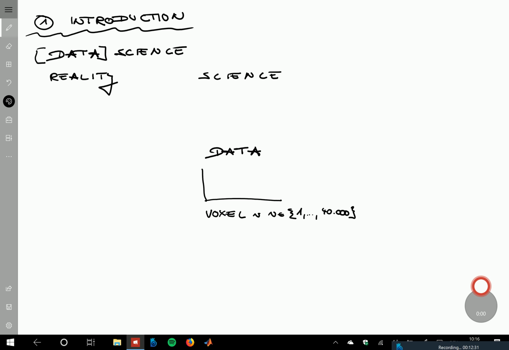And for each of these voxels, we acquire a time series. So we have a data point, namely the MR signal, for each TR. That's how things are usually set, although the TR is of course the interval between two image acquisitions.